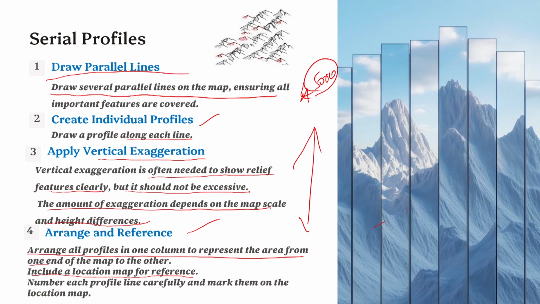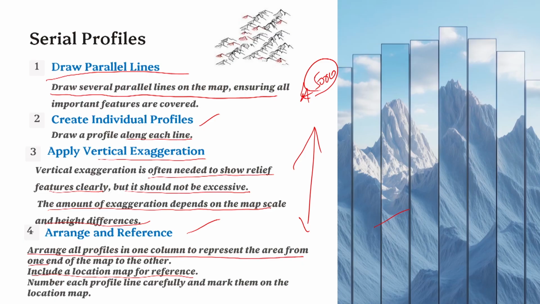Look at this figure. Different elevations are there, one top elevation, then behind it a moderate elevation, then a low elevation, the elevation differs sequentially. So, all elevations we can portray through the serial profile.